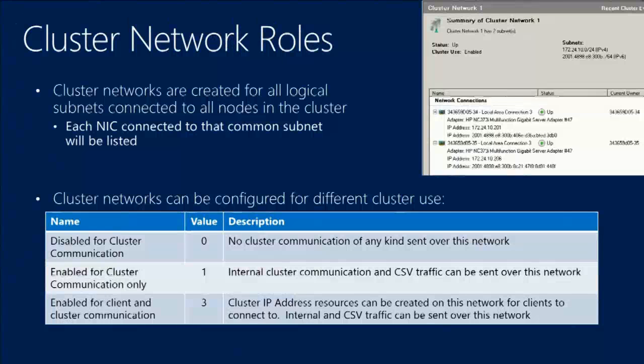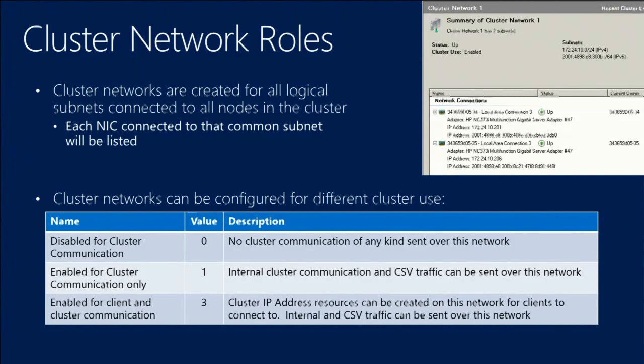So in terms of cluster network roles, that's the snippet of the Failover Cluster Manager UI. And you see a list of roles or network roles with the associated adapters as well as the IP address. For this network, if you open up the properties, you would see it's actually a role assigned to this cluster network.